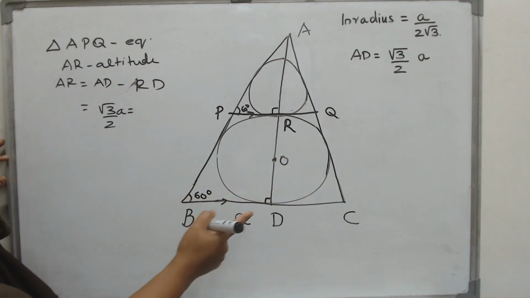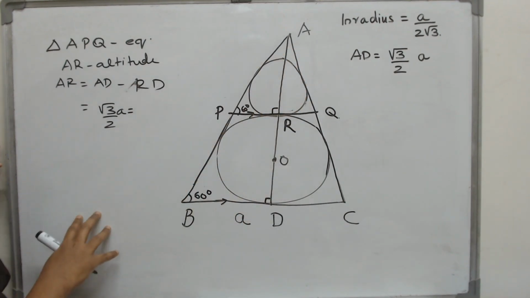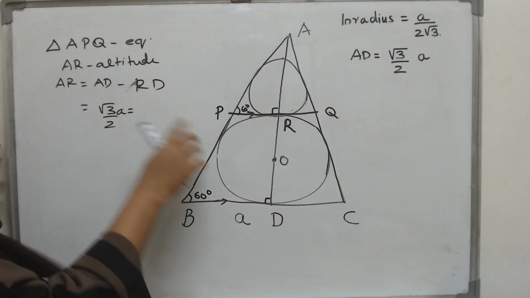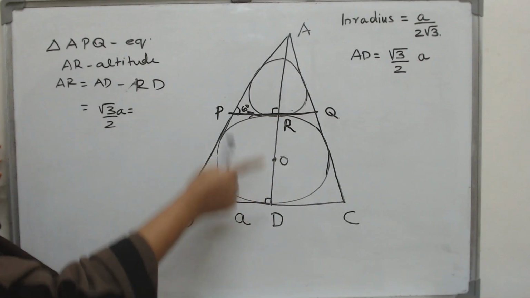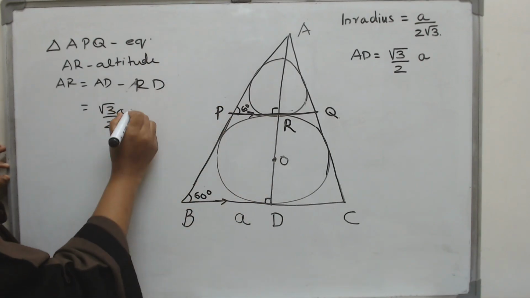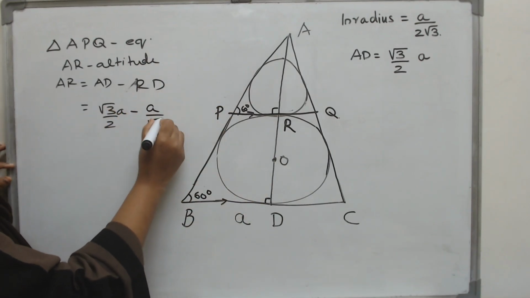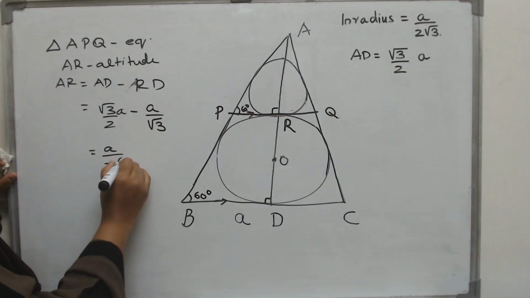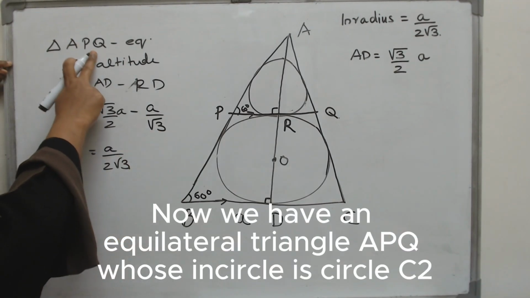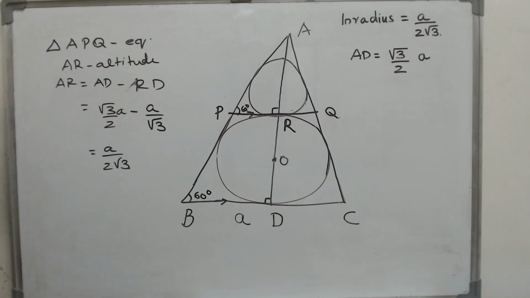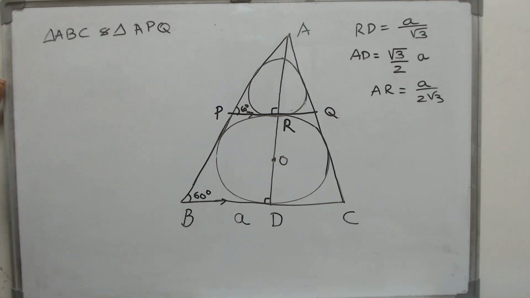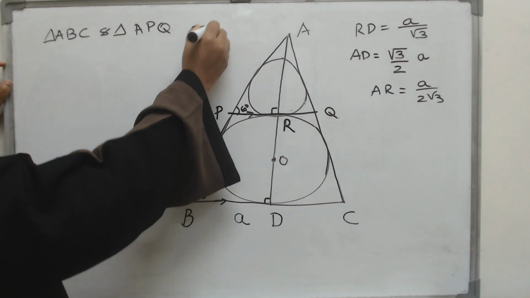We know the inradius is a by 2 root 3, but what we need here is not the radius. What we are looking for is the diameter. So multiply that by 2 and you get a by root 3. So there you have another equilateral triangle and you have another altitude. So there we have two beautiful equilateral triangles.